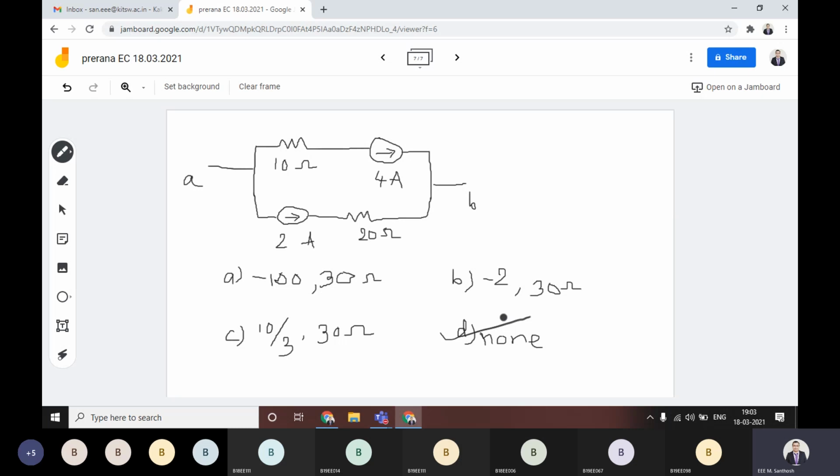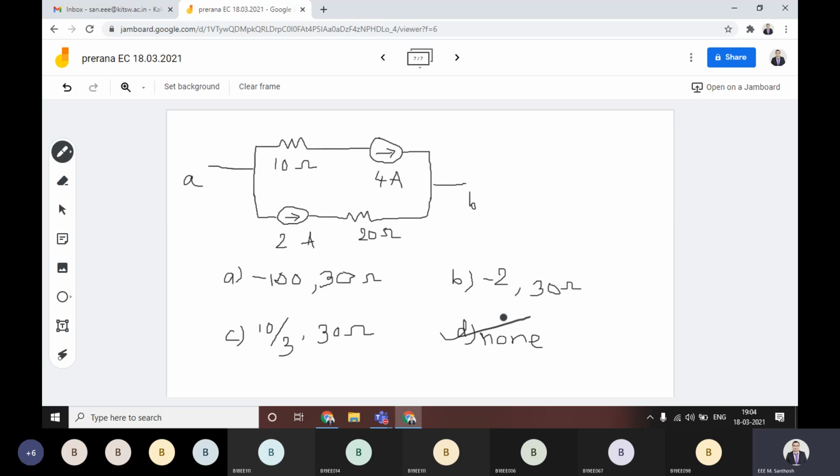Sometimes in GATE exam they may trap. They want to mislead you, it's like a trap. If you're understanding, it's okay. If you're not understanding, don't waste much time on that problem.